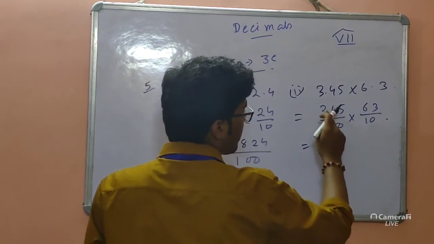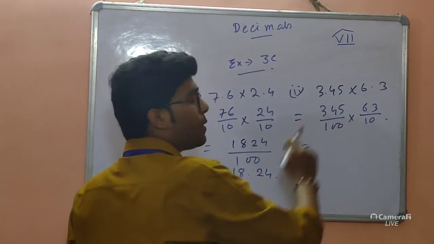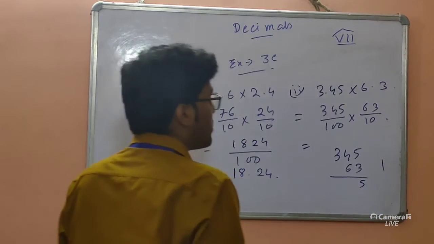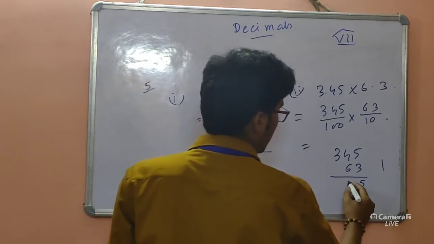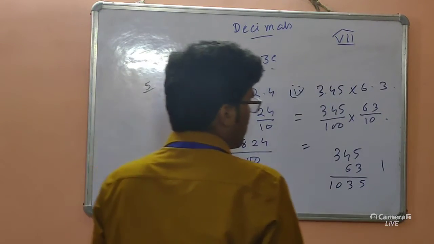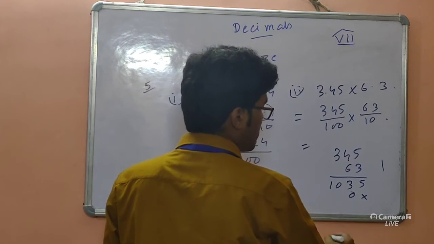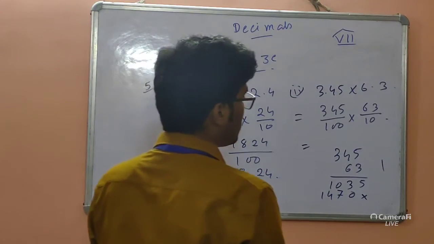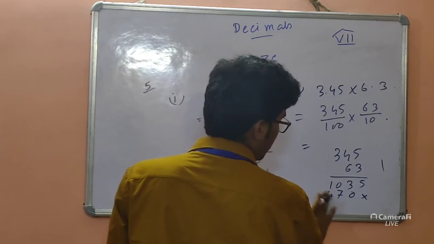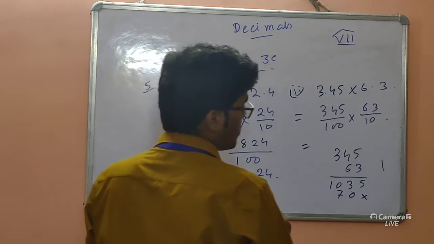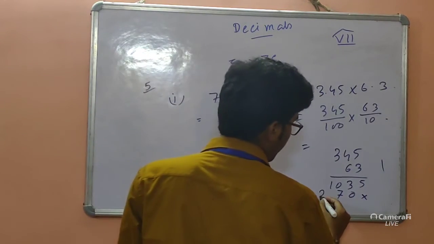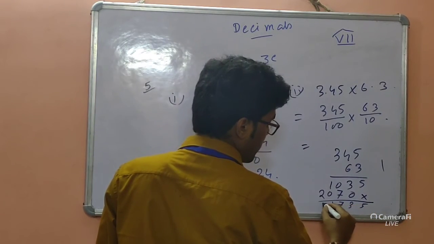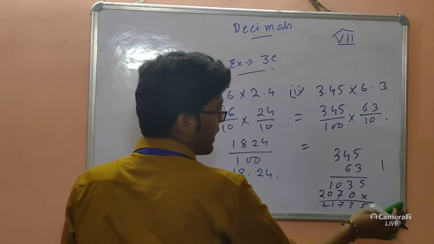You multiply numerator into numerator, that means 345 into 63. So what comes? 21735, right?